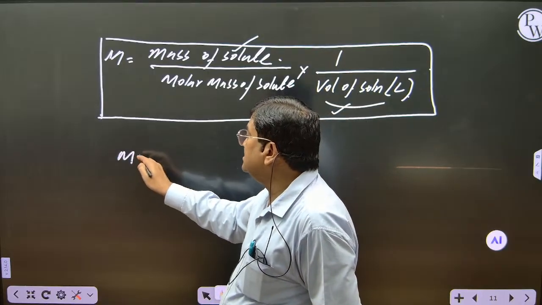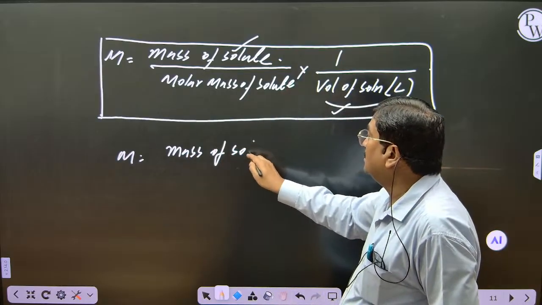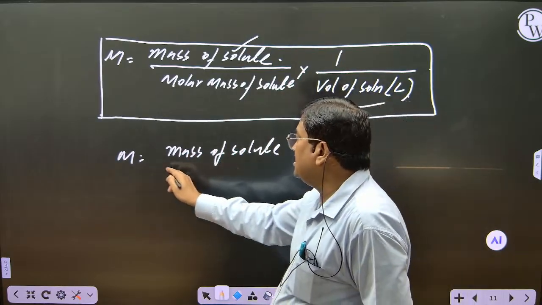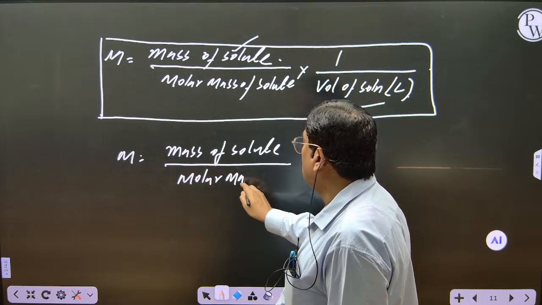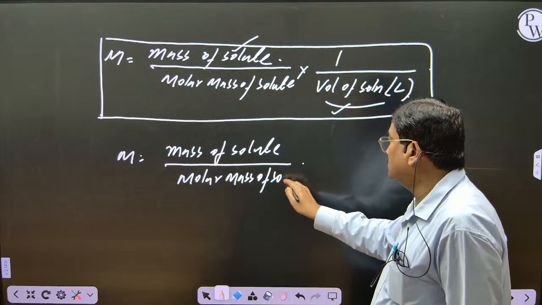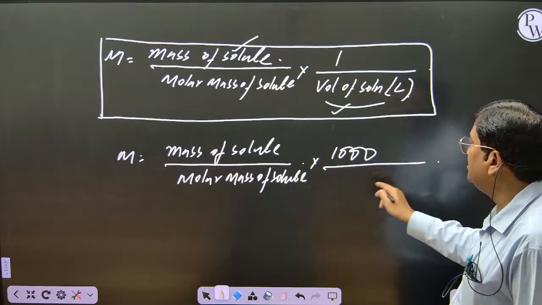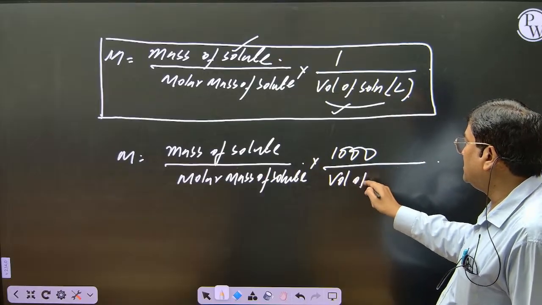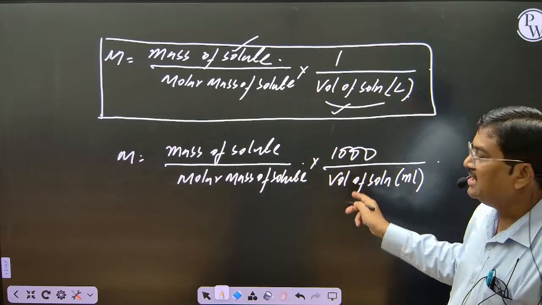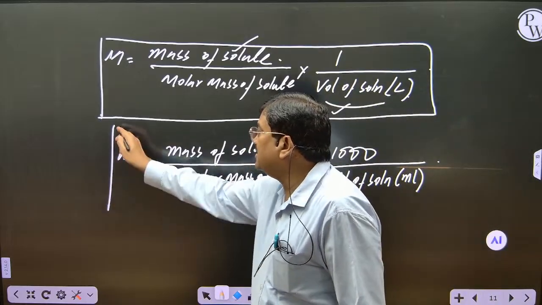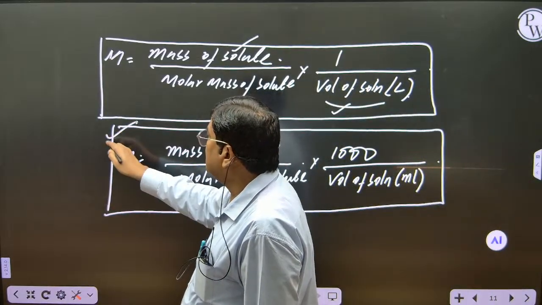Then you have to use the relation mass of solute by molar mass of solute into 1000 by volume of solution in milliliter. If volume is given in milliliter, we apply this second relation. Copy these two relations.